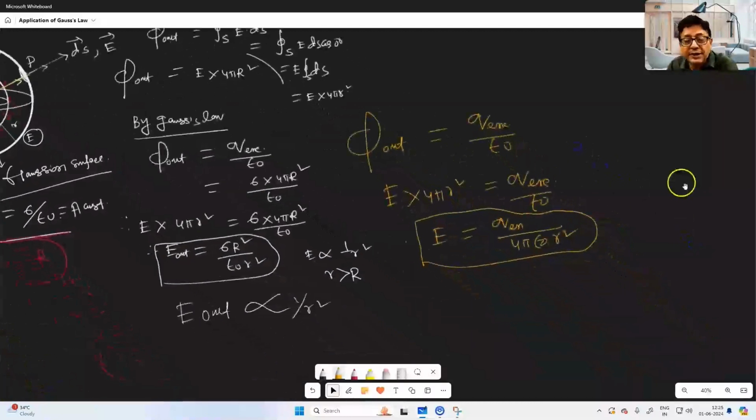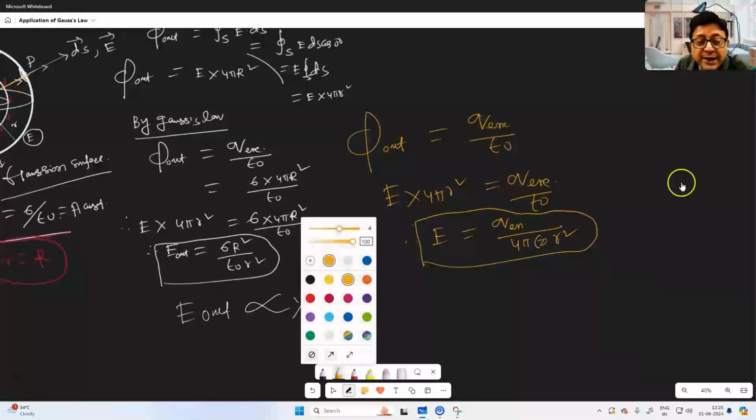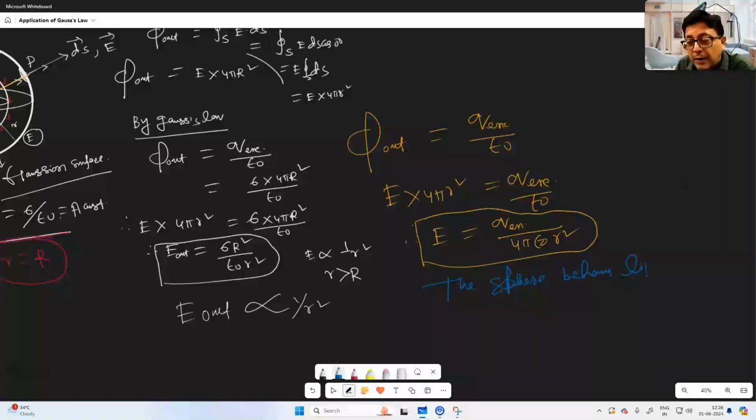So in this case, the sphere behaves like a point charge placed at the center of the sphere.